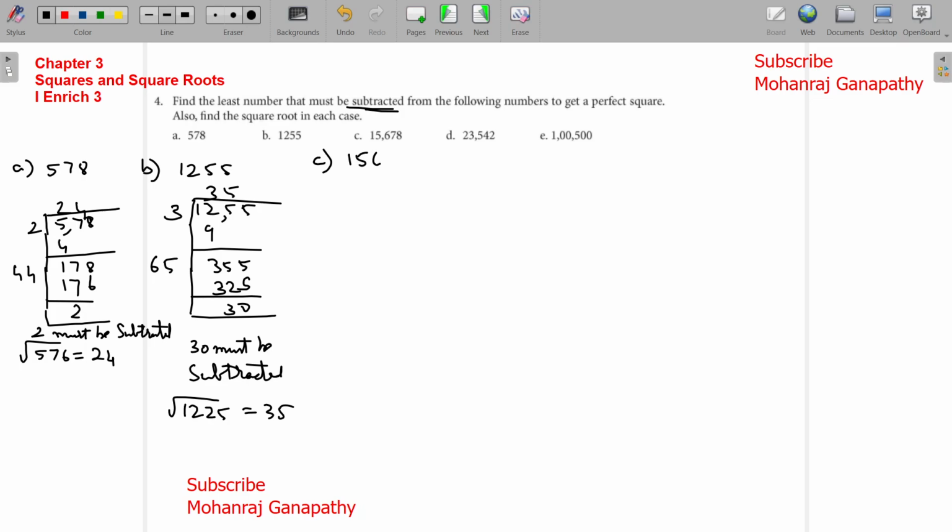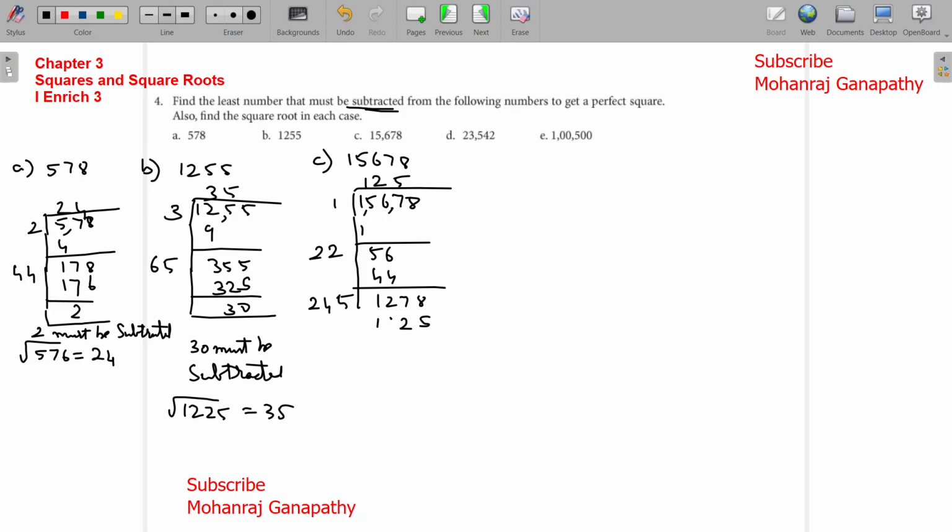C. 15678. Separate two numbers. 1 ones are 1. 56. 1 into 2 is 2. 2 into 3, not possible. 2 twos are 4, 2 into 22 is 44. 1278. 24. 4 times. 6 times. 6 sixes are 36. 6 fours are 24. 25, 26, 27. 6 twos are 12. 5 times. 5 fives are 25. 20. 22. 2 fives are 10. 11, 12.